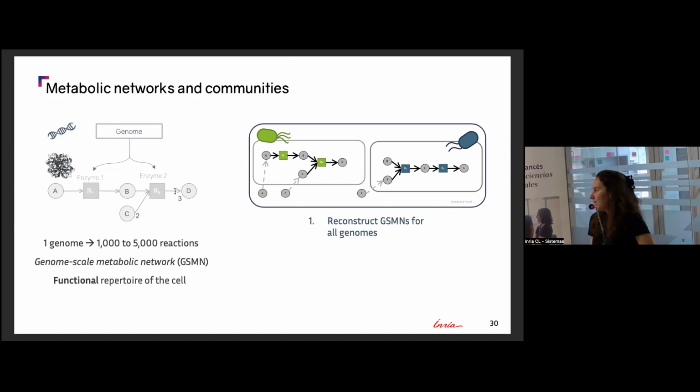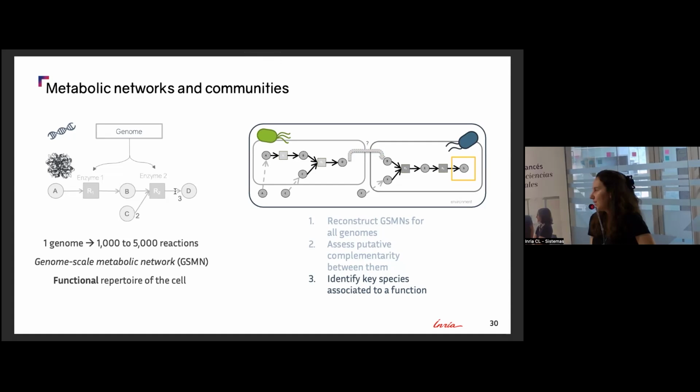Ideally, we have the information of available compounds in the environment, so we can predict what is reached in each metabolic network. And in particular, when there are several of them, we want to assess the complementarity of the networks, whether what is produced in one could be useful for the second one. And then if there is a function of interest that we want to study more deeply, we would like to identify the species that are associated to the production of these compounds.